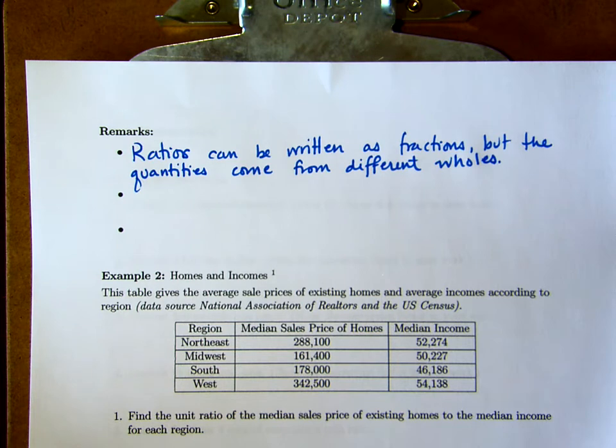So, 1 inch out of 2 inches is half of the 2 inches. Your units would be exactly from the same whole. Or 8 stars out of the 24 stars is equivalent to 1 star out of every 3 stars.